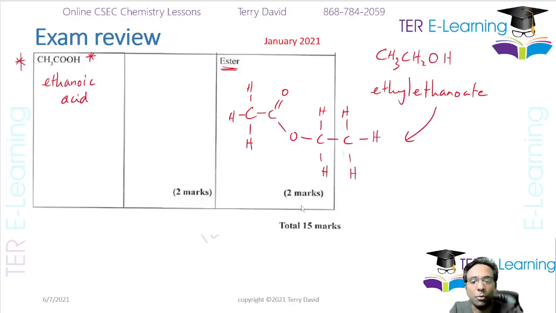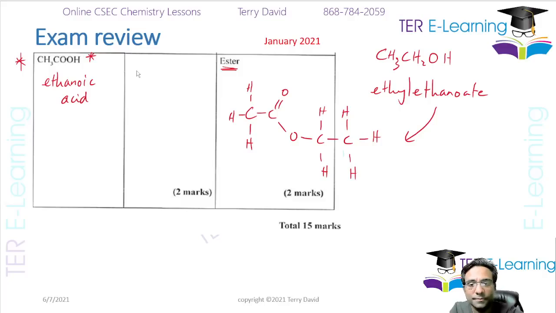Now, we have to be able to give the reagents and the conditions in order to do that. That's one of the things that is extremely important when it comes to organic chemistry. You all have to be able to state what the conditions are. So all we're going to do here is use concentrated H2SO4 as my catalyst, and we are heating under reflux.